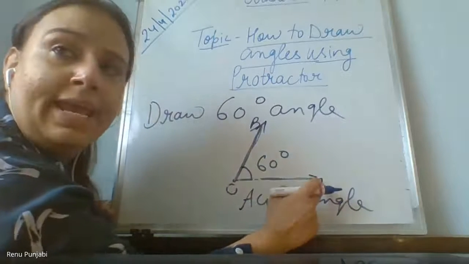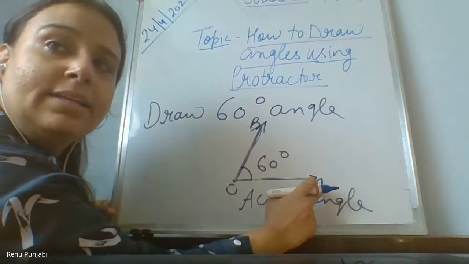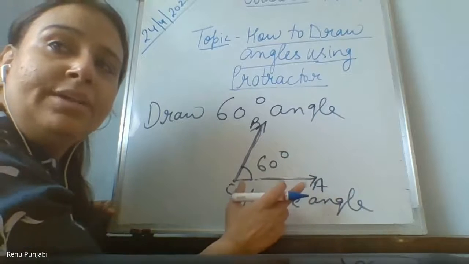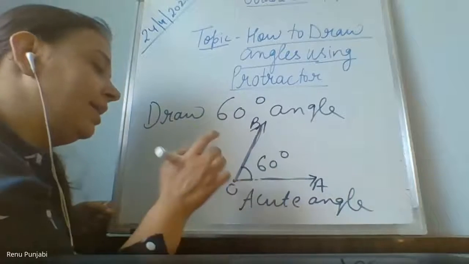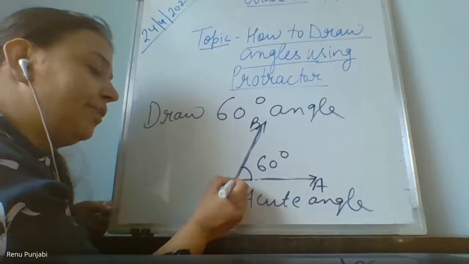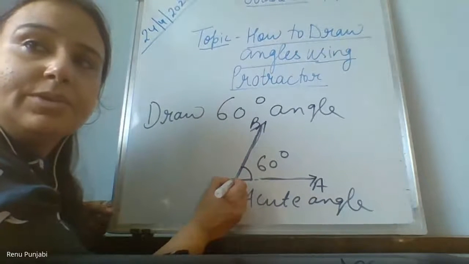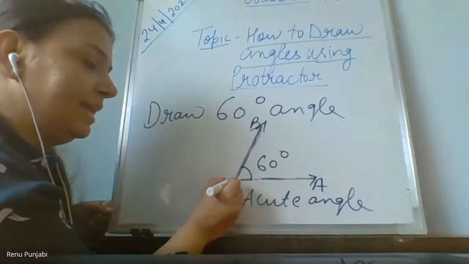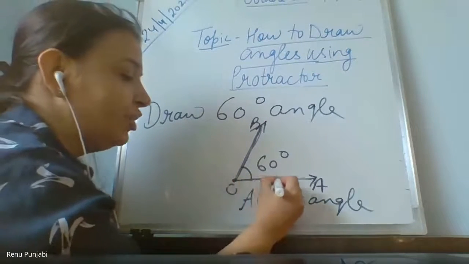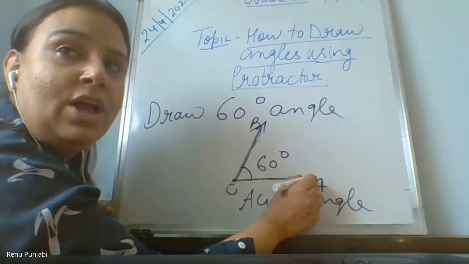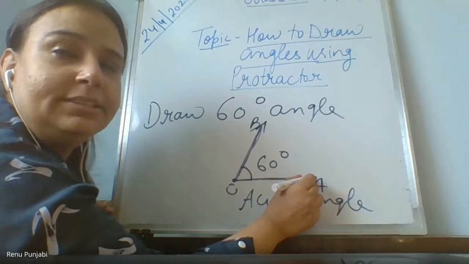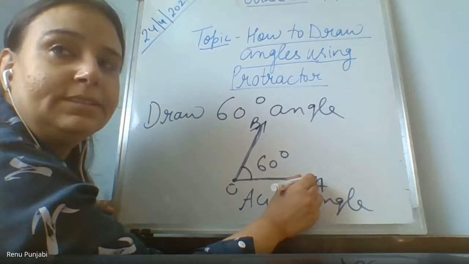First, draw a ray. You have drawn the ray of any measurement. After drawing a ray, keep the center of your protractor on this vertex. After putting the center on this vertex, see where your ray is and see where the 0 is, at the inner scale or on the outer scale. Inner scale.